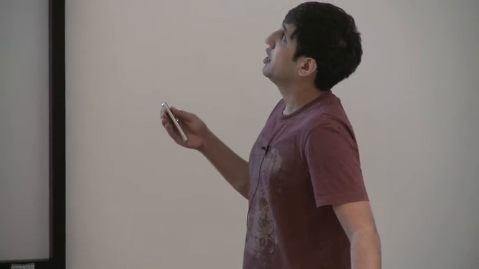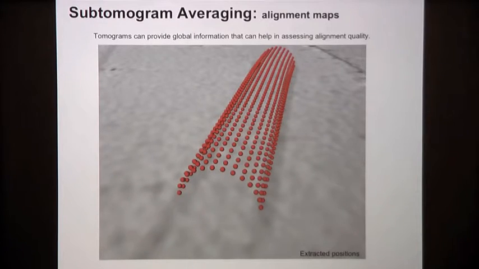One thing I would like to mention is that tomograms are already a three-dimensional representation of our data. So we can go back to our tomograms and look at the final aligned positions of our subtomograms, and this can help us in assessing how well our alignment is doing. This is a slice through a tomogram of a tubular assembly.